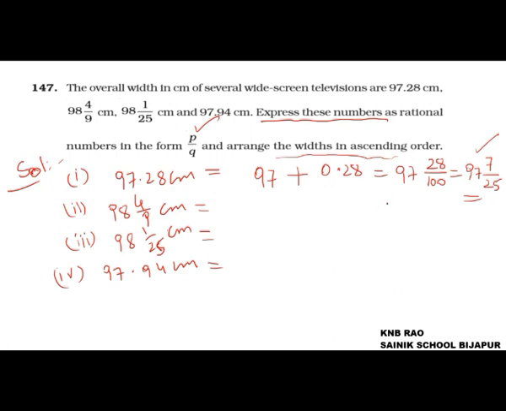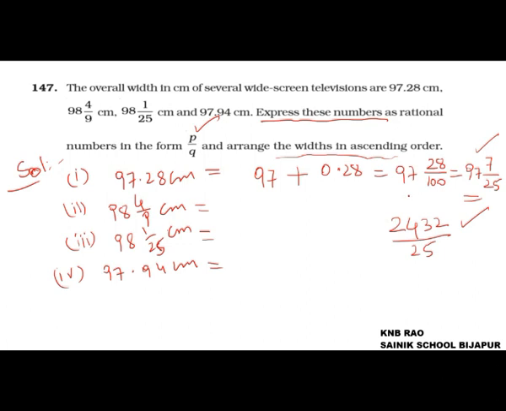So 97 into 25 plus 7 is 2432 upon 25, 2432 by 25. So this is how we convert.